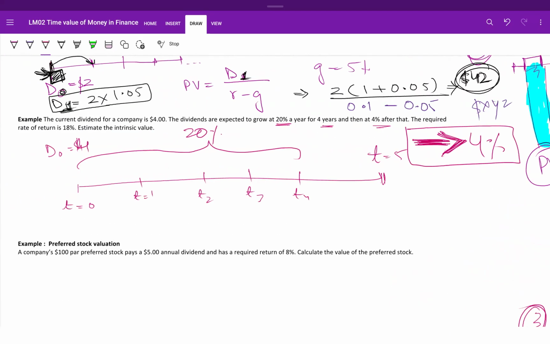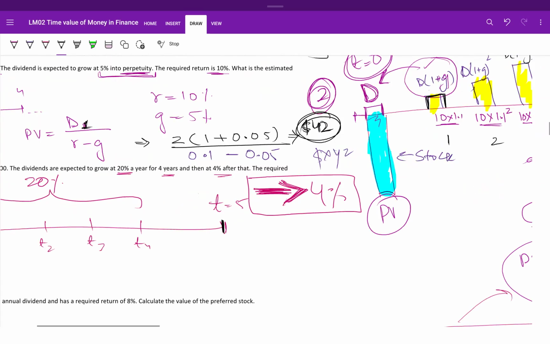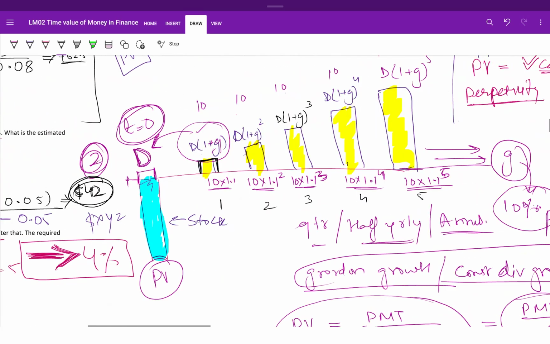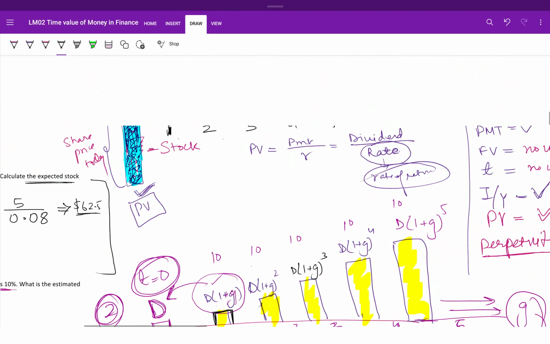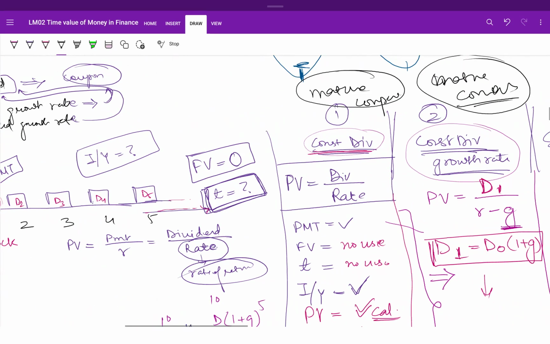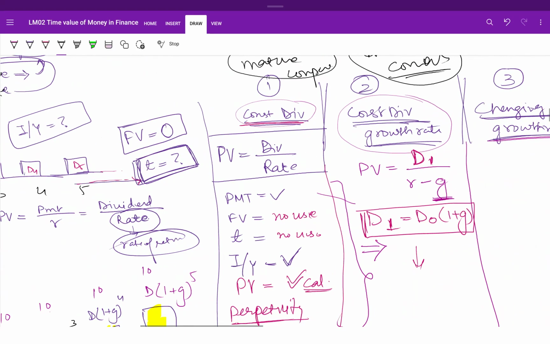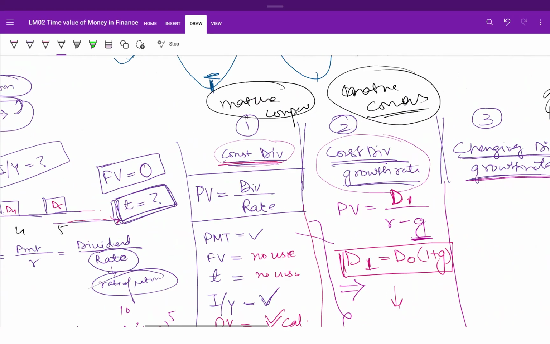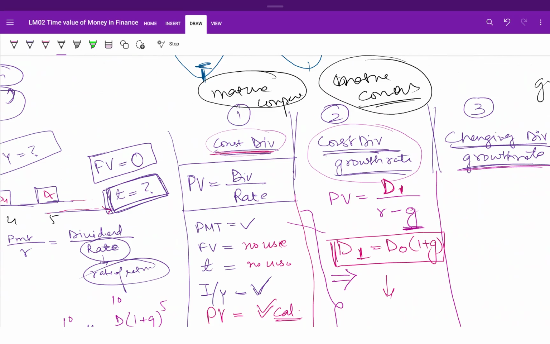From this point forward, our dividend is going to grow at a constant rate, at 4%. To calculate this point, we have a formula when the dividend is constant: dividend divided by rate. When the dividend is growing at a constant rate, the formula is dividend divided by rate minus g.